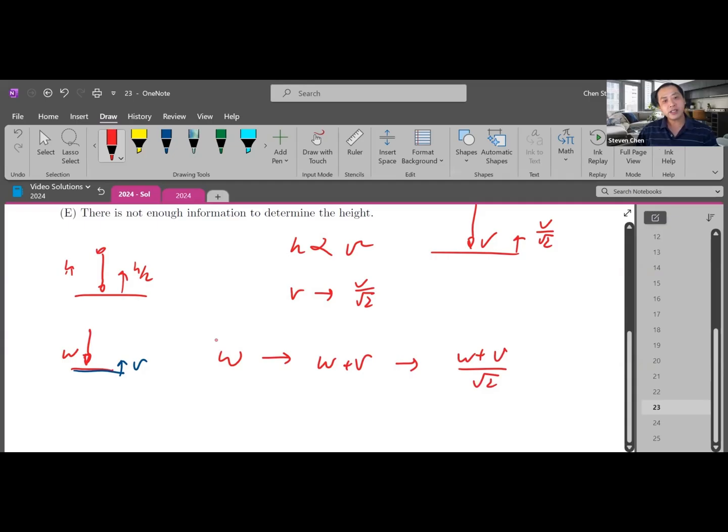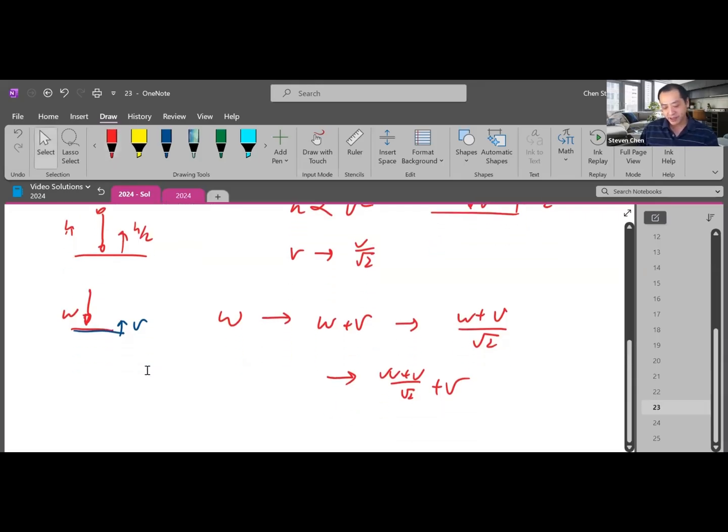This is the speed in the paddle's frame. Now we need to convert it back to the ground frame, so we get this one plus v. Basically this is the entire process of what happens before and after the collision.